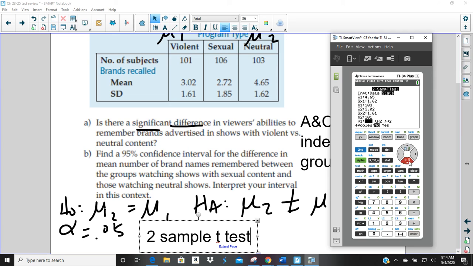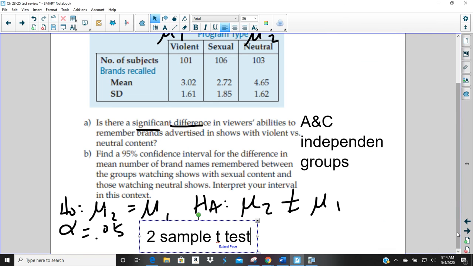And calculate. So we get a t value of 7.2 and a p value that is to the negative 11 power, really, really small, in scientific notation. And our degrees of freedom was 202.